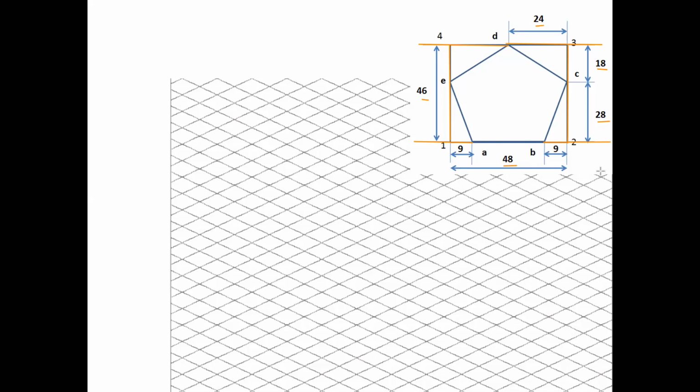Once you mark all this, the next step will start. So what we should do is, you need to first mark one point and name it as 1. The distance which is to be taken on the right side is 48. So from 1, these are 48.